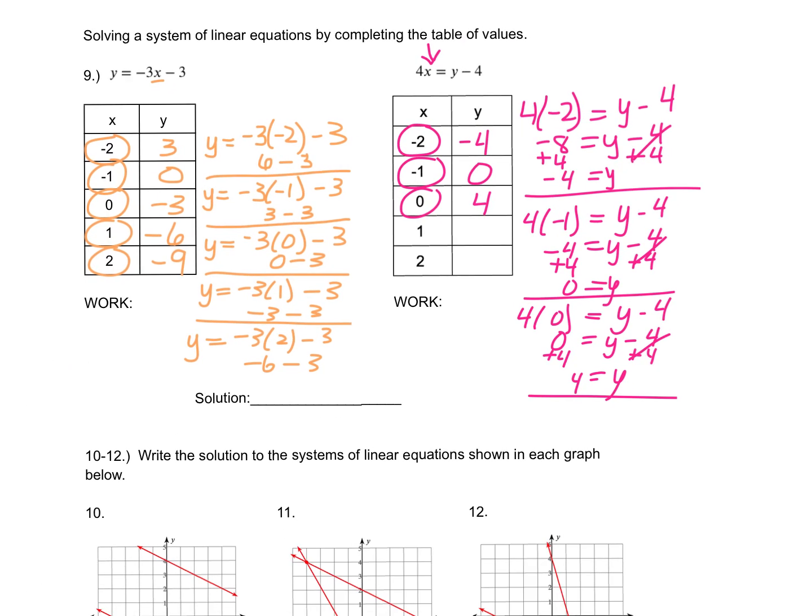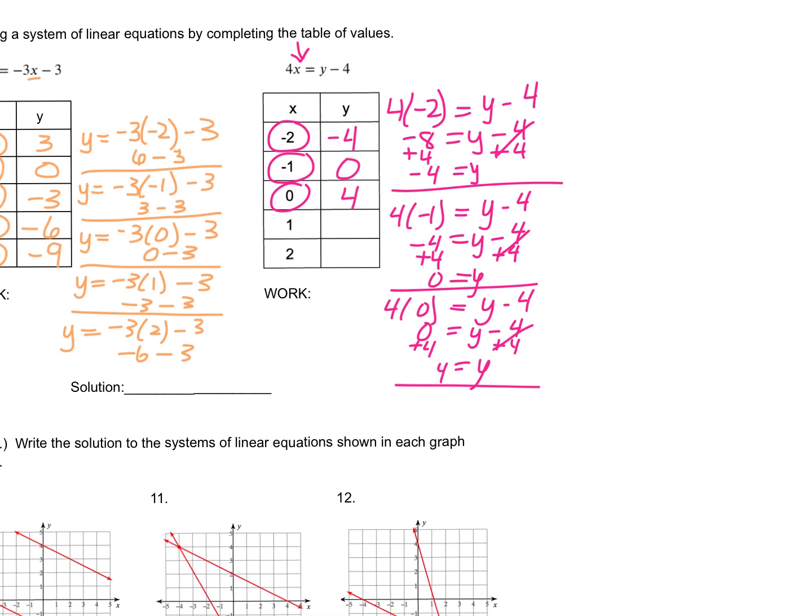I'm going to run out of some workspace here. I'll go over here. Okay, so now I'm going to sub in 1. So 4 times 1 is 4. Okay, now to get y by itself, I'm going to add 4 to both sides.